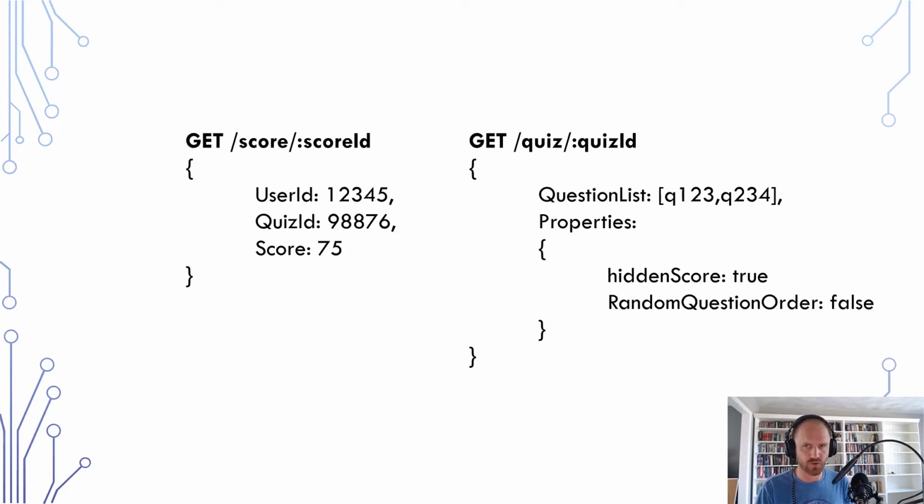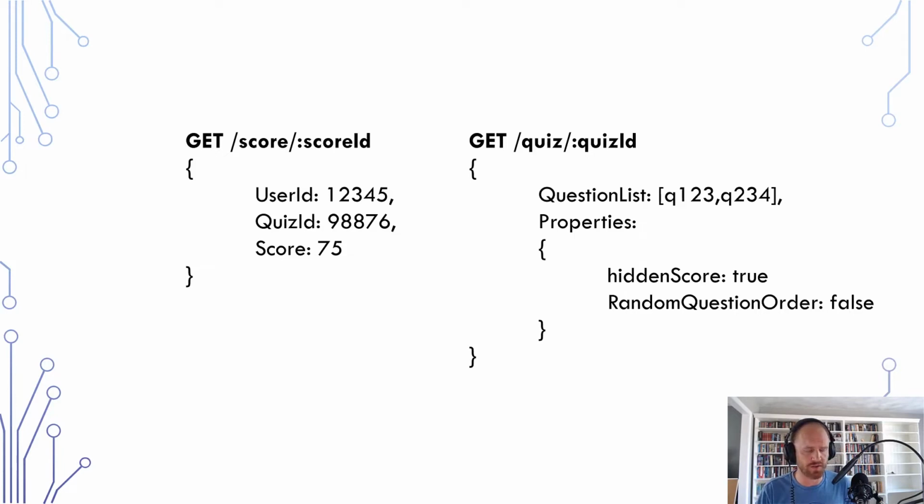So I've got the score ID, give me back the score for this particular user with this quiz, and there's their score, 75. Or you could go over to the quiz and say, for this quiz, give me the information on it, and you get the list of quiz questions that you can look at to see what those questions are. And then here are some properties on this quiz. And one of those properties is hidden score equals true. So you try a few different combos.